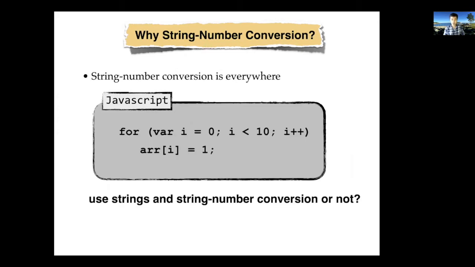Here I show you two lines of code. They are very simple. I have a for loop, and inside the for loop, I assign array at i equal to 1, with i from 0 to 10. Let's see if we have any string variables here or any string number conversions. At first glance, it looks like we don't have any string variables or any use of string number conversion.